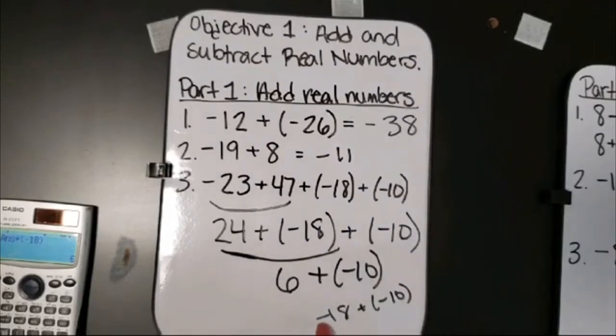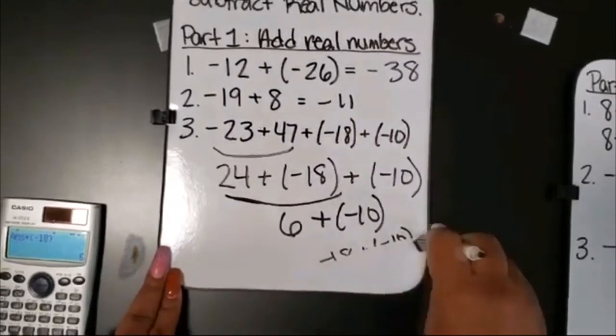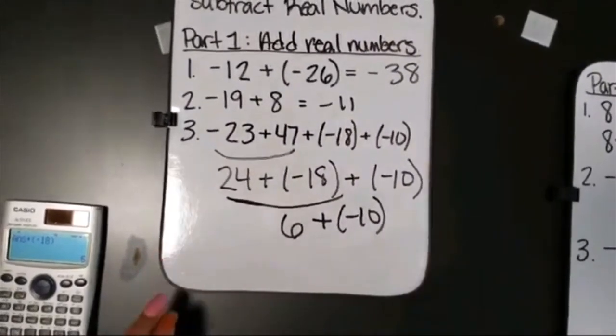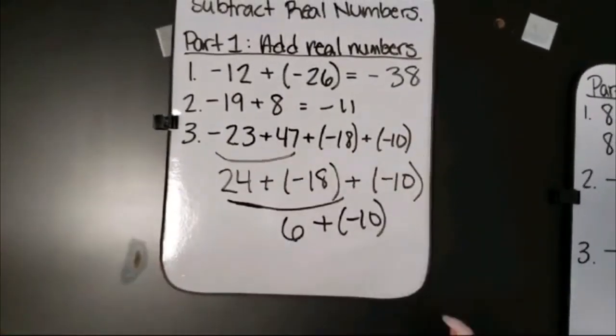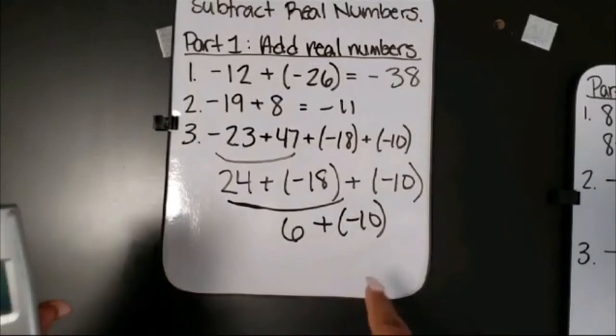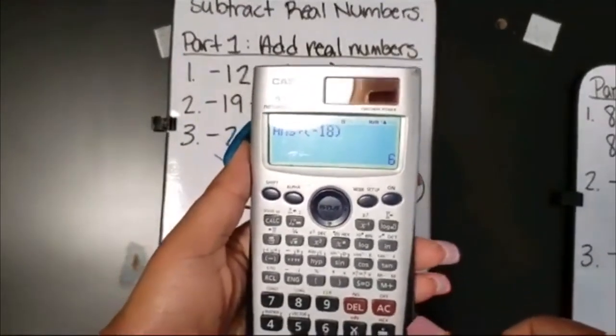So if you said that negative 18 plus negative 10 is negative 28, you are correct. So that was just a little side note. So now that we have 6 plus negative 10, we have that 6 in there already.